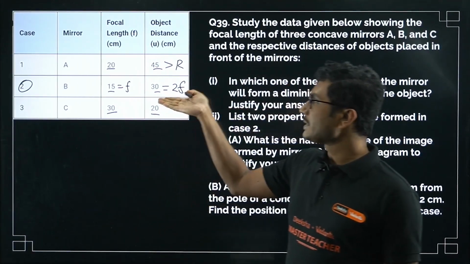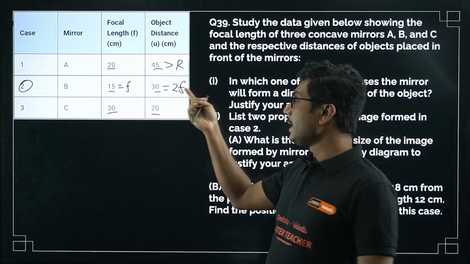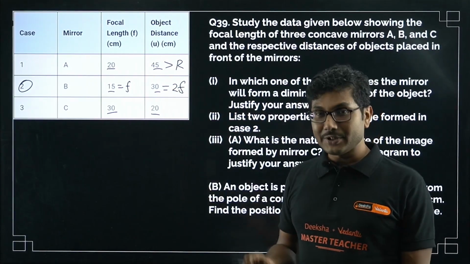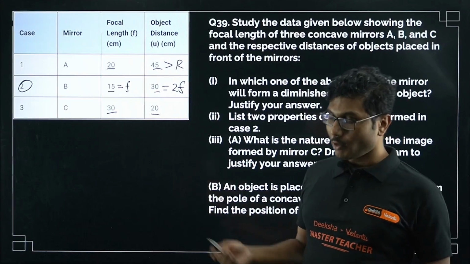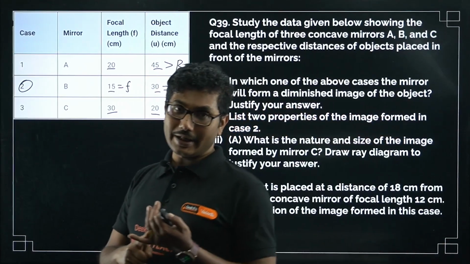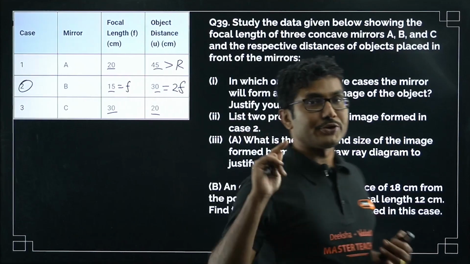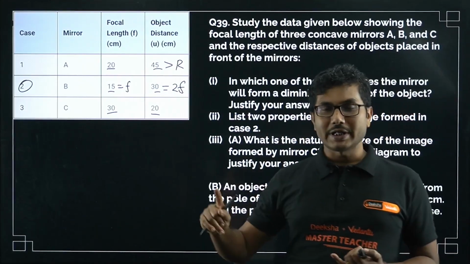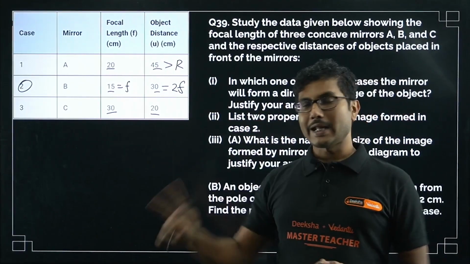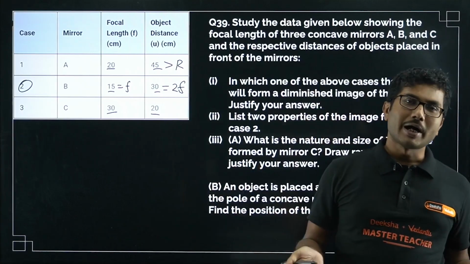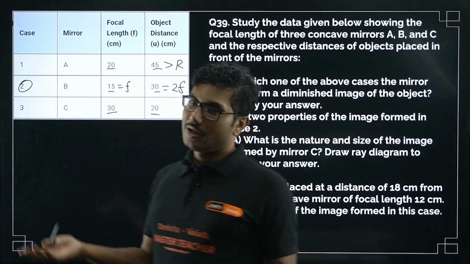Not only that, it will be an inverted image, a real image, so real and inverted. So the properties are real, inverted and same size as the object. Same size as the object has to be mentioned, that is compulsory. For the second point, you can mention real, you can mention inverted, or if you are smart, you can mention both real and inverted.